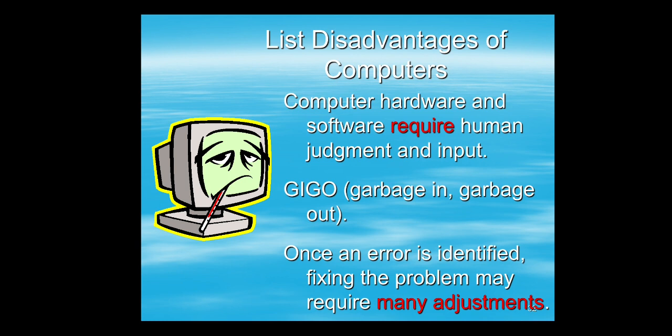Okay, and then once an error is identified, fixing the problem may require many adjustments. So there is one weakness of using software when you do accounting record. If there is an error, sometimes it's very difficult to make correction. You have entered the data, how to take it back.